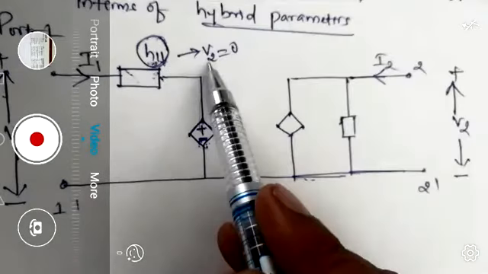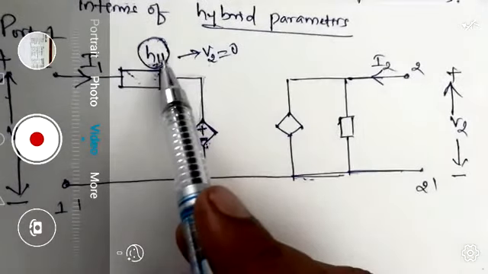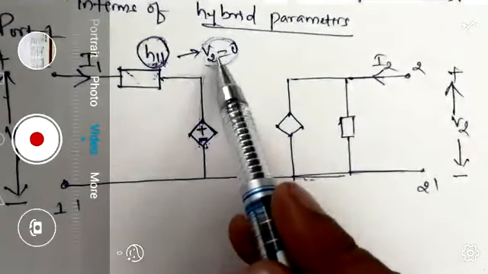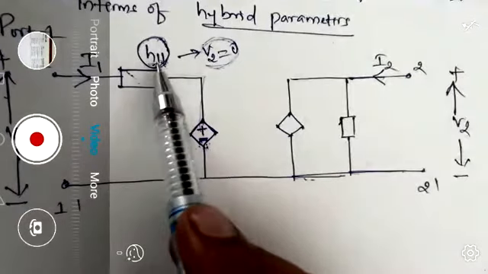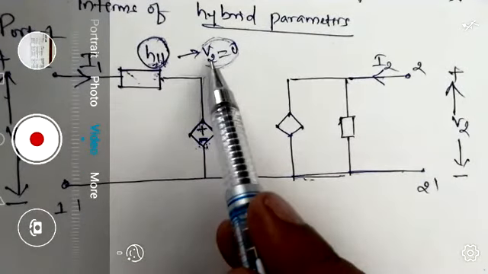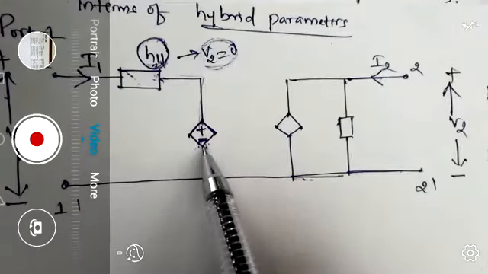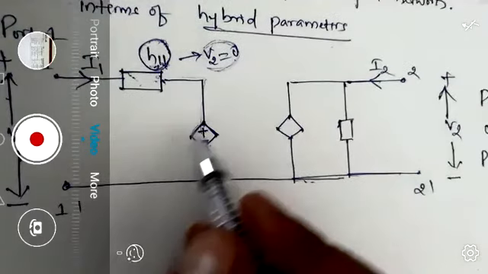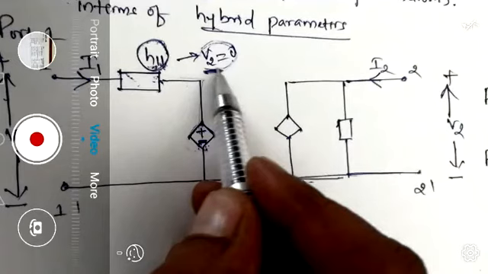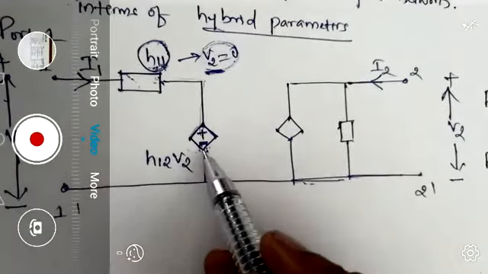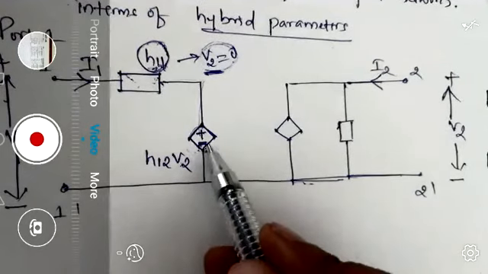We got H11 when we make V2 equal to 0. So this is in series with a dependent voltage source, and it depends on voltage, H12 into V2. Hence, it is a voltage dependent voltage source.